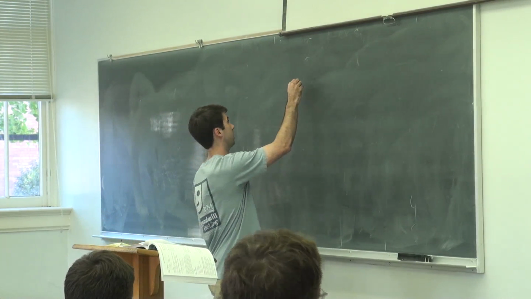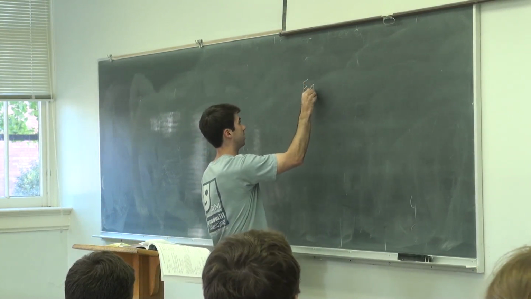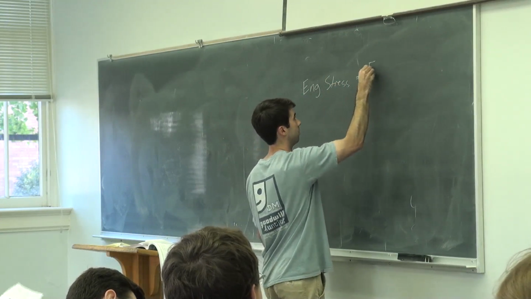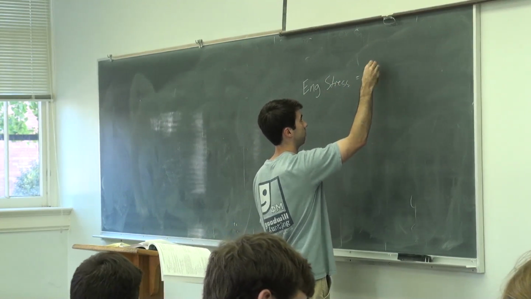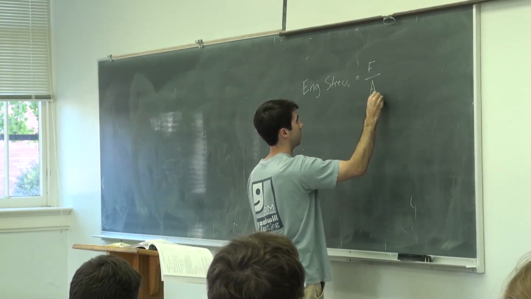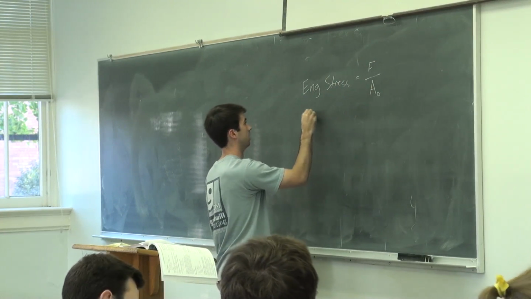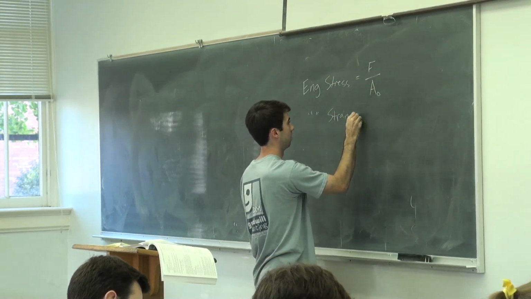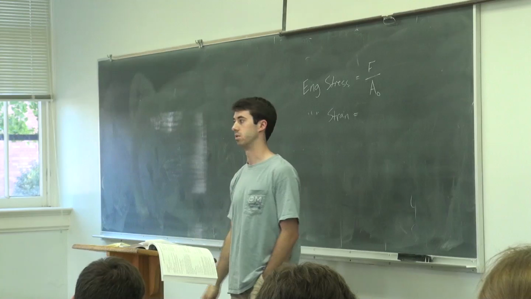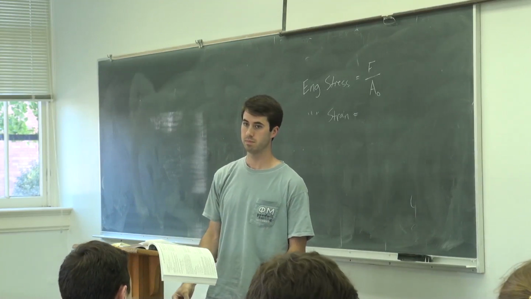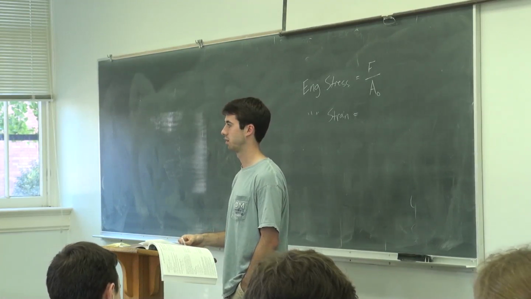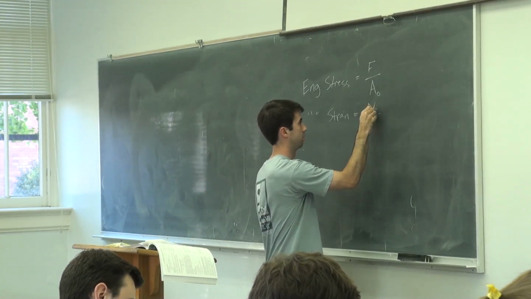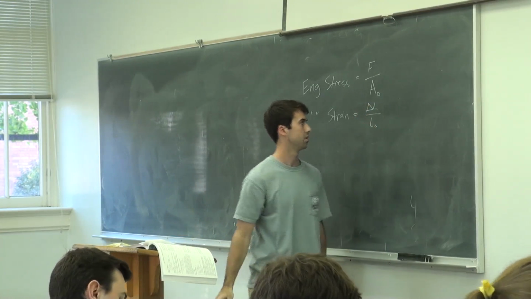So engineering stress would be force, or load, either one, divided by the original area, and then the strain would be change in length divided by the original length.